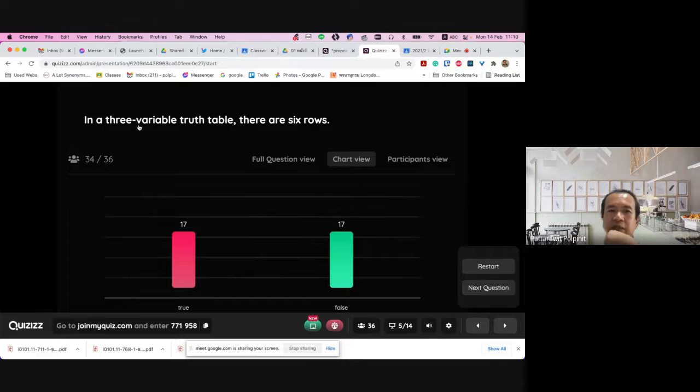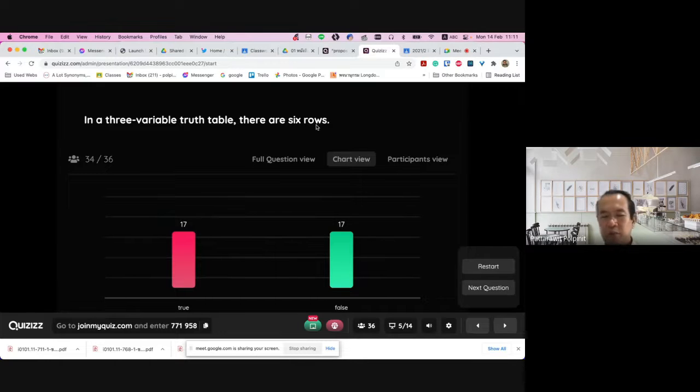This one is saying that if you have 3 variables, where a variable basically means a proposition, so 3 atomic propositions, P, Q, R, how many rows should you have in your truth table? It is 8. Excellent. We learned earlier that the number of rows in your truth table depends on the number of atomic propositions in your statement.